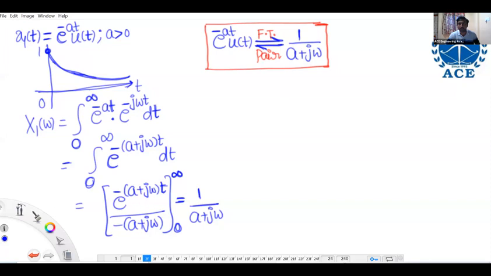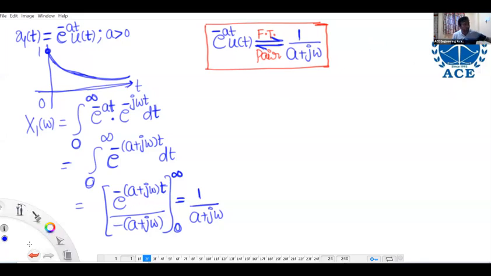Whenever the spectrum is 1 by a plus j omega, what is the respective signal? e power minus at.